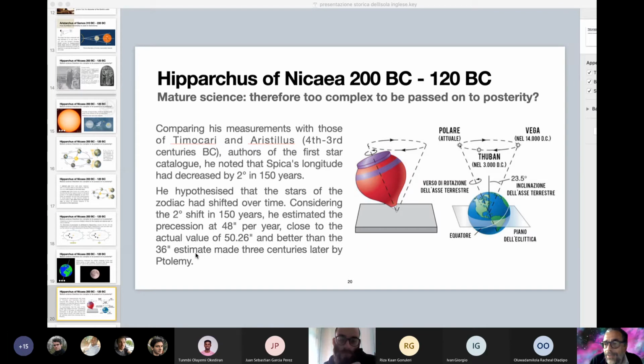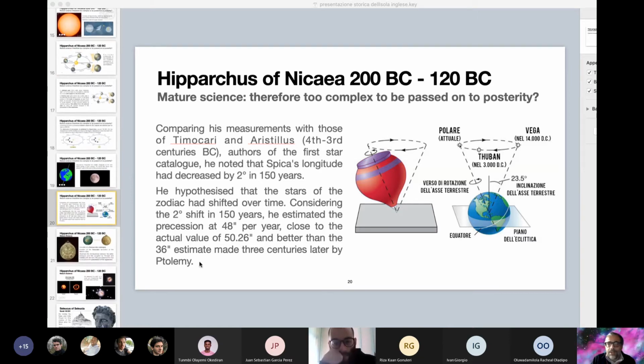You should not believe that knowledge is monotonic in time, and that Ptolemy, who is a later scientist compared with Hipparchus, is better than Hipparchus. Actually, we will discuss that Ptolemy probably was a kind of not very clever student of the school of Hipparchus. Okay, he was among the worst students of that school.